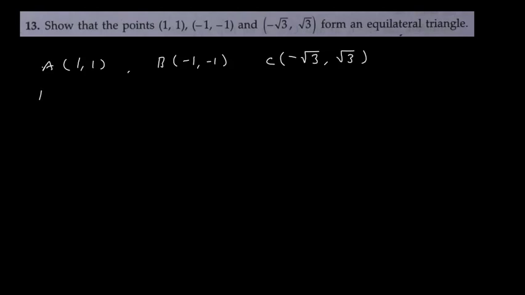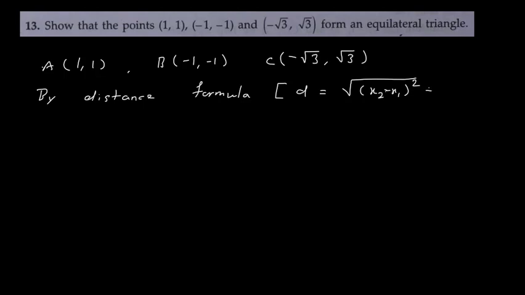So I will say, by using the distance formula, I guess you should write this distance formula every time you use it, so that it is confirmed to the teacher that you know the distance formula very well, and then you apply this. So here, by distance formula, I will find AB.